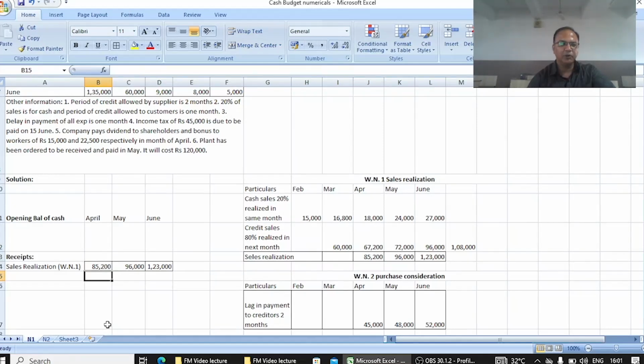Point number 6. Plant has been ordered to be received and paid in May.